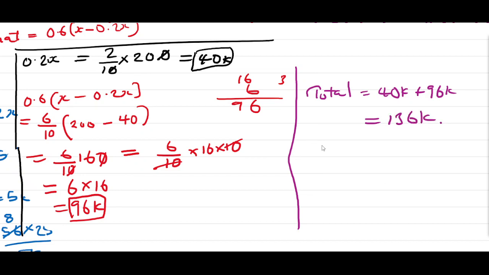But he had 200, sorry, he had 200 kobo to begin with. So the amount he has left would then be equal to 200 minus 136. Of course we just do 200 minus 140 to give us 60, then we add 4, that is 64. That is 64 kobo. That is the amount he had left.